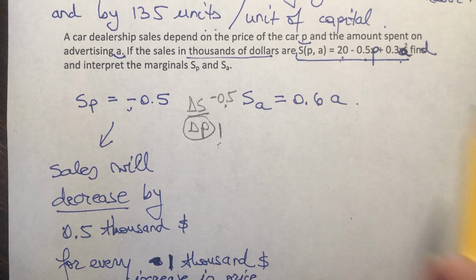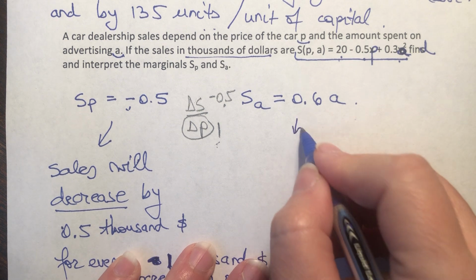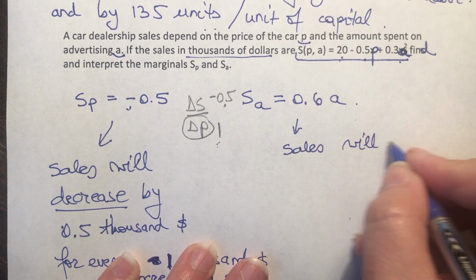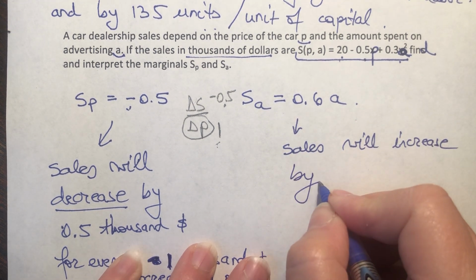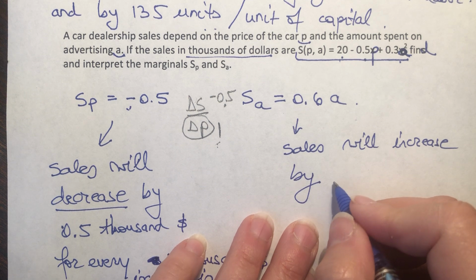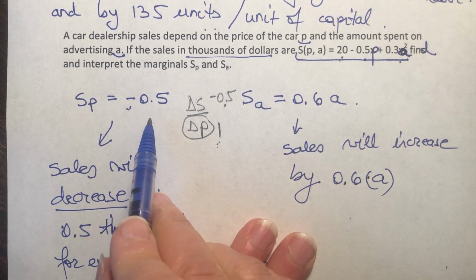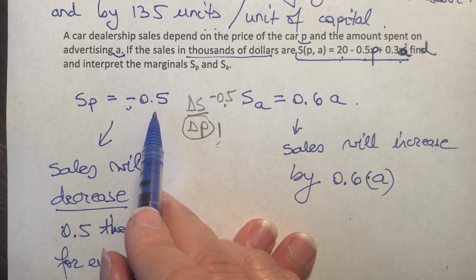Okay. The sales, depending on A, will mean what? That the sales will increase by how much? By 0.6 times A. So this one is fixed, there is no P in there, so it's always going to be that.